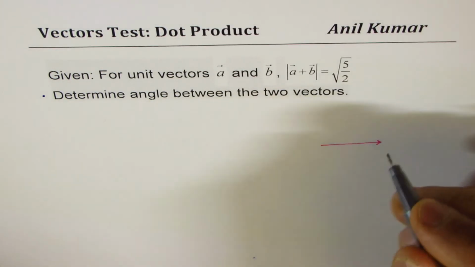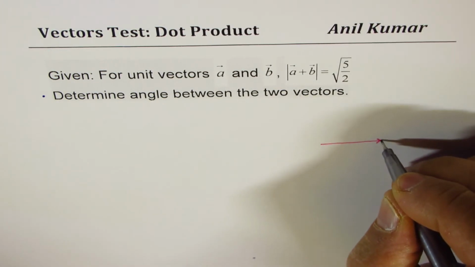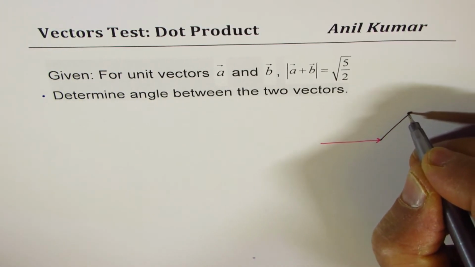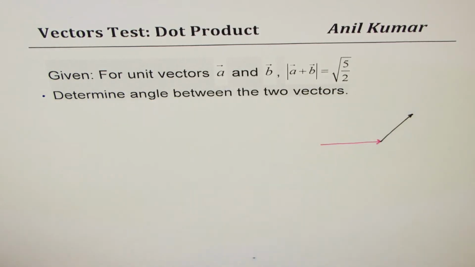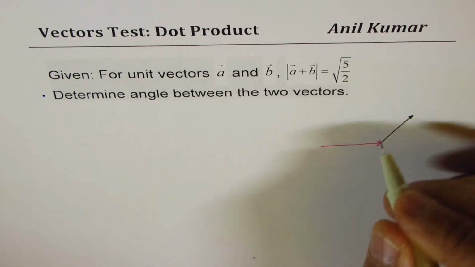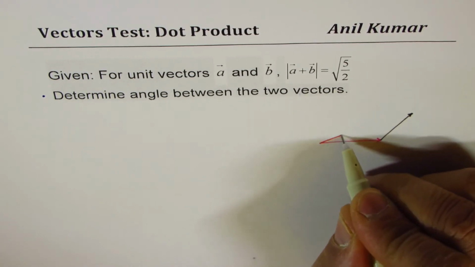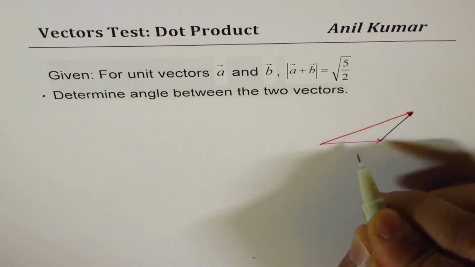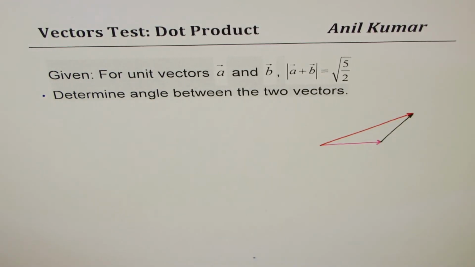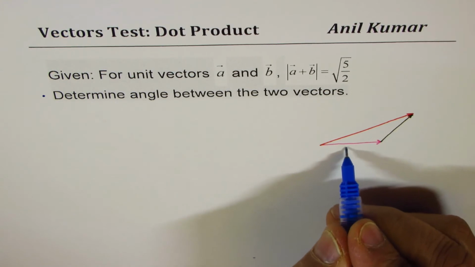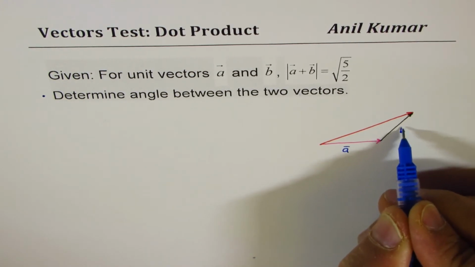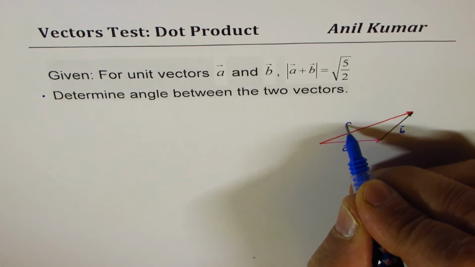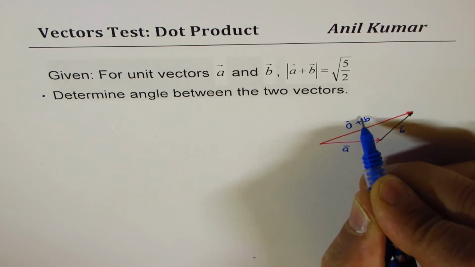And since we are given their sum, I'll place vector B kind of like this. The length is 1 unit. Now, what we can do here is find the resultant, which is the sum. So if I have vector A and vector B, then this becomes vector A plus B, right?